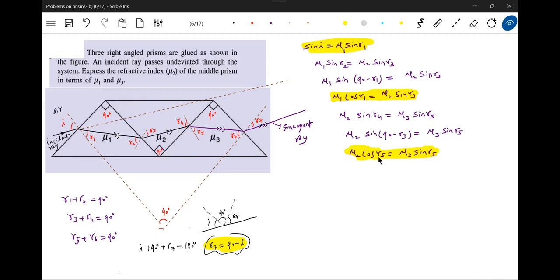Okay, so problem is there with my brain now. Not thinking properly. Sin of 90 minus R3 should be cos R3. Mu2 cos R3 should be equal to mu3 sin R5.